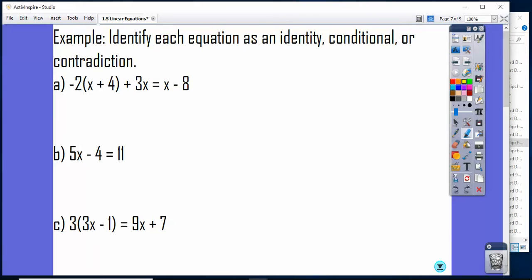Alright, so I just want to decide if each of these is an identity, conditional, or contradiction.